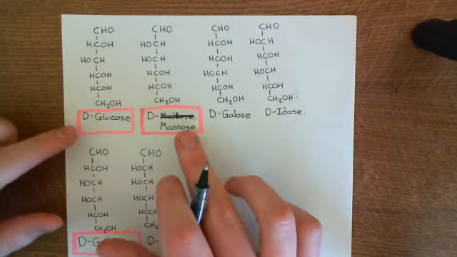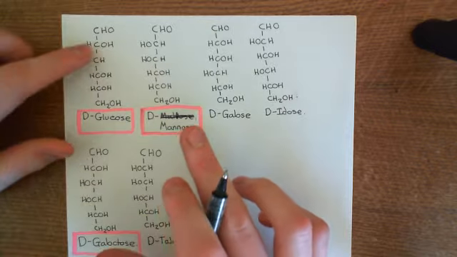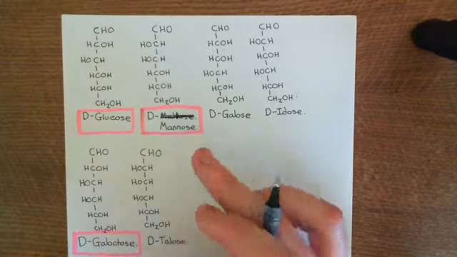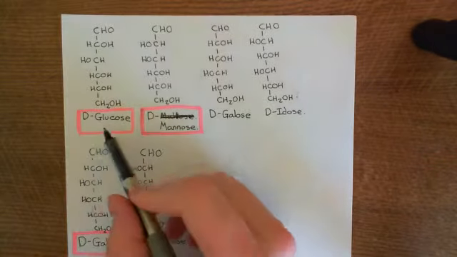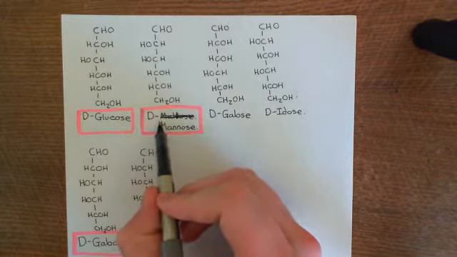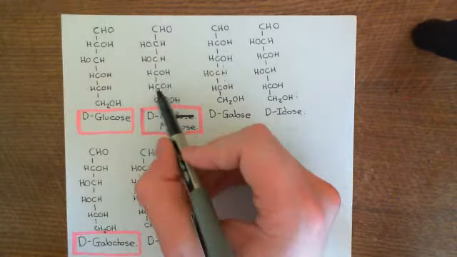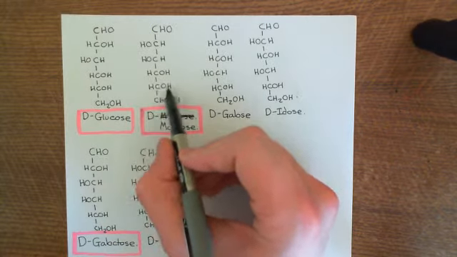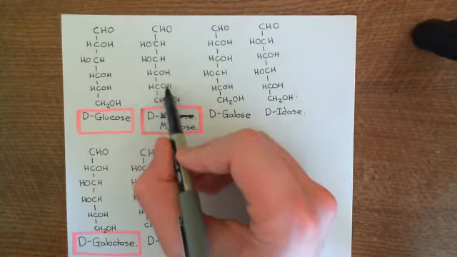So if you're only not equal to one another because of one carbon's alcohol group going in opposite directions, then you are said to be epimers. Okay, so D-glucose would not be an epimer of L-mannose, because remember, L-mannose would also have this alcohol group here coming into the page rather than out of the page.